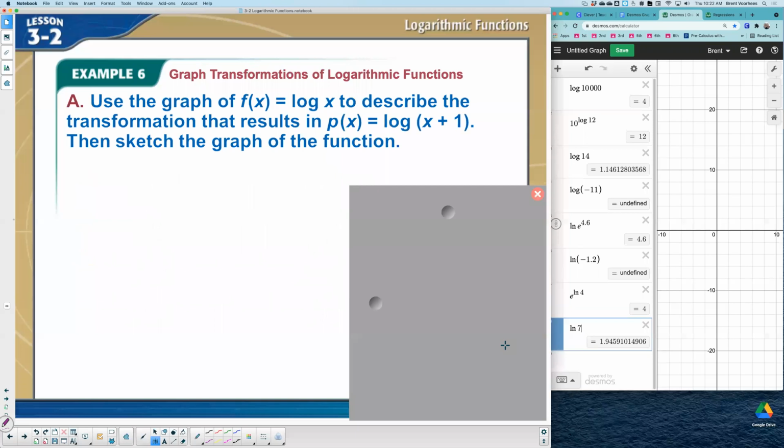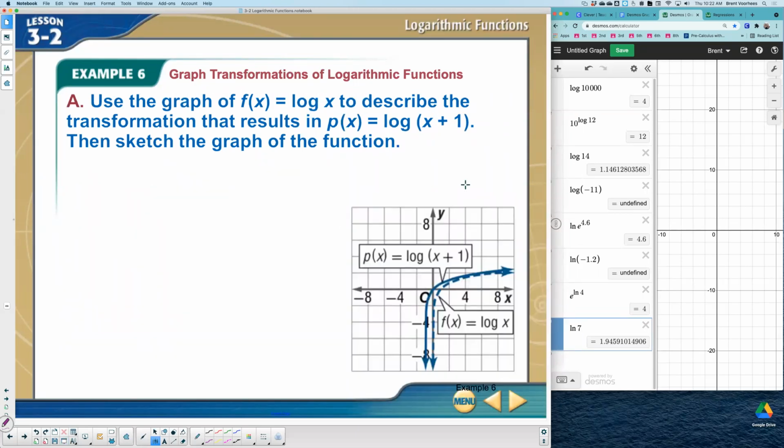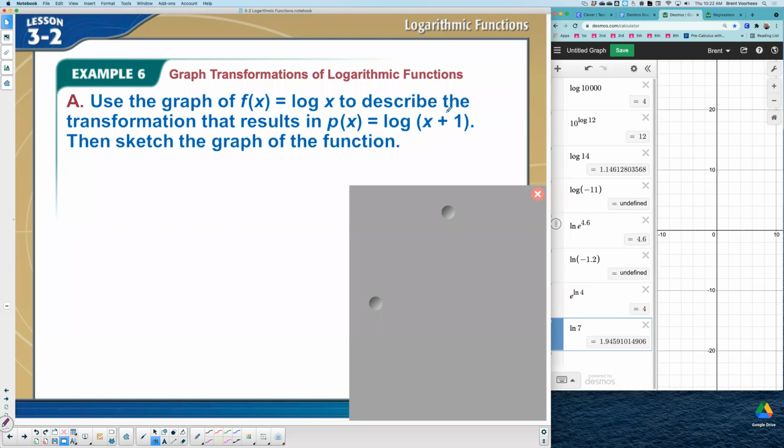All right, so now transformations, the inside, remember, is always where the x is. This one here, question, is that +1 on the inside or the outside? Inside with x or outside of x? Inside. So if it's inside, according to Hyvo, it's horizontal.